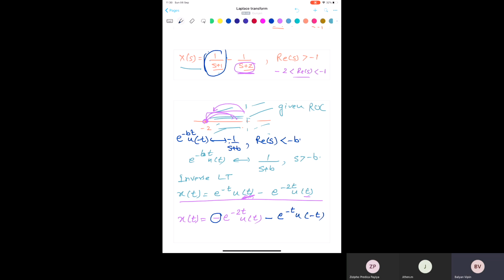So depending upon the region of convergence, the answer will change. Now, on the same question, I want you to try for real s less than minus 2. You will see that for both of them, the region of convergence is on the left hand side, so both of them will be u of minus t.